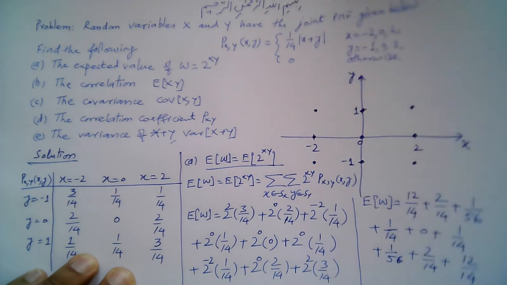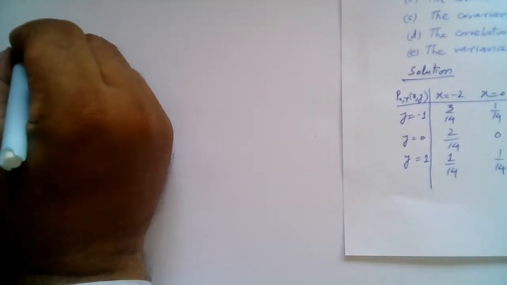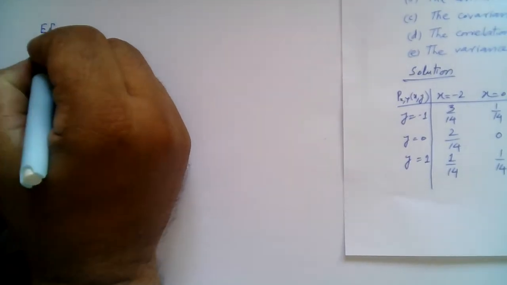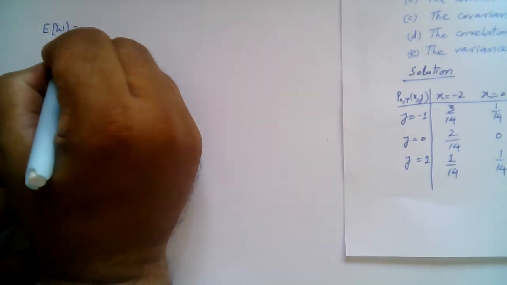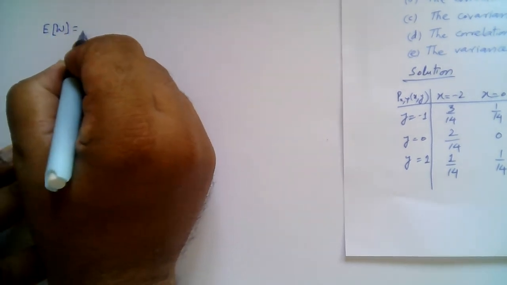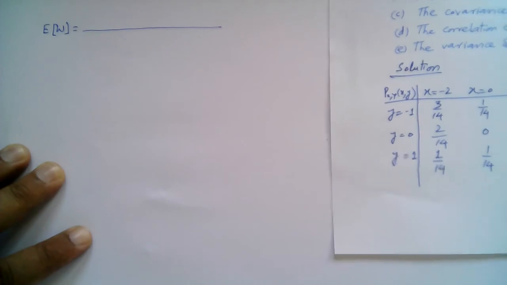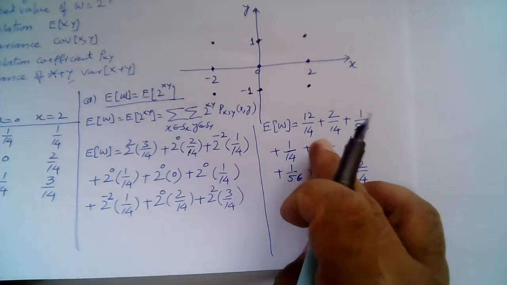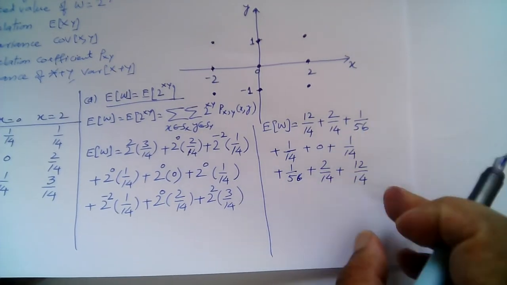So let's continue with that. So expected value of W is given by, so we have either 14 or 56 in the denominator, so we can take 56 as the LCM.